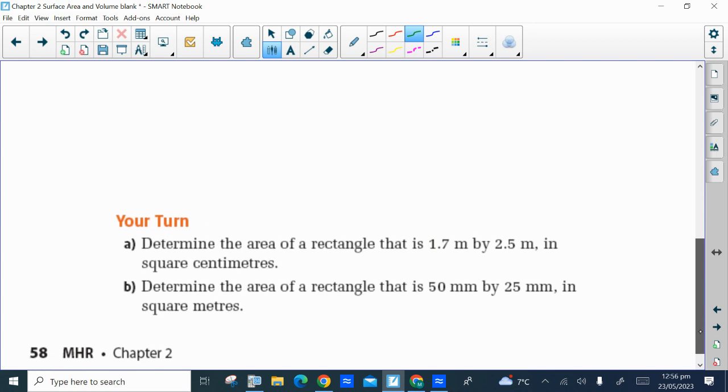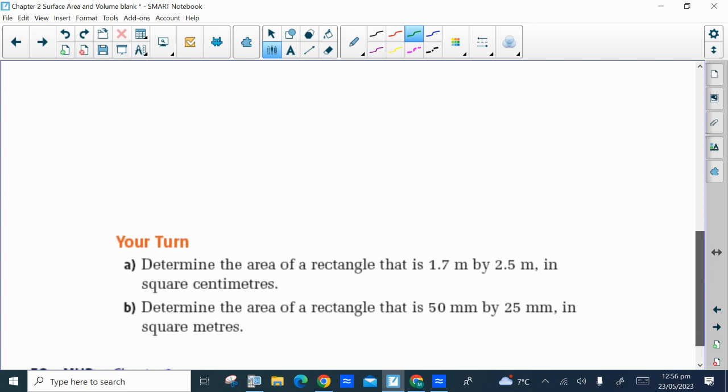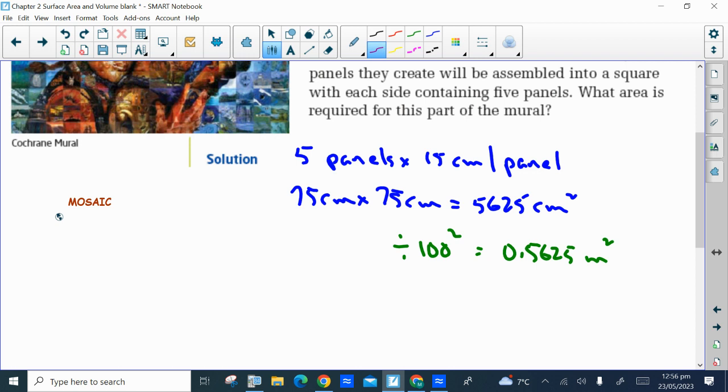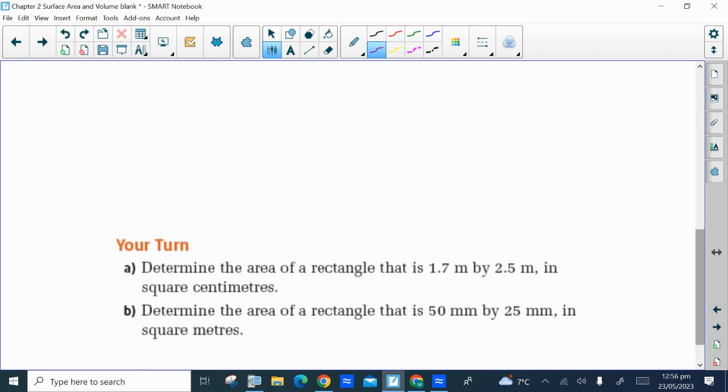So looking at those questions below, determine the area of a rectangle that is 1.7 meters by 2.5 meters in square centimeters. So there'd be 2 ways you could do this. The first way would be to convert the dimensions first from meters to centimeters and then find the area. So this would be solution 1. 1.7 meters times 100 will be 170 centimeters. 2.5 meters, again, to convert from meters to centimeters, we multiply by 100.